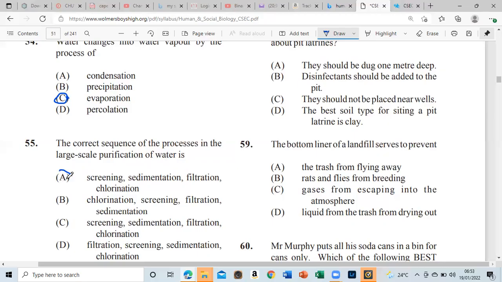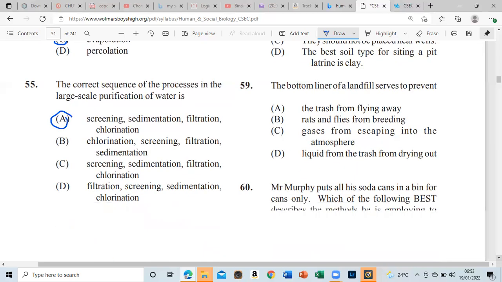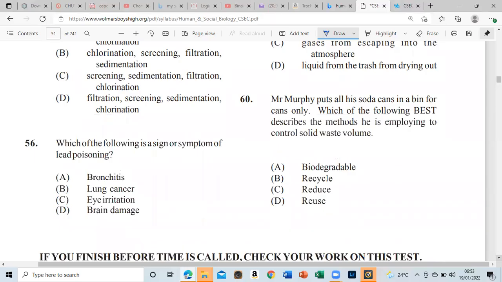Let's move on to 56. Which of the following is a sign of symptoms of lead poisoning? Is it bronchitis, lung cancer, eye irritation, or brain damage? And that would be, you guessed it, brain damage.